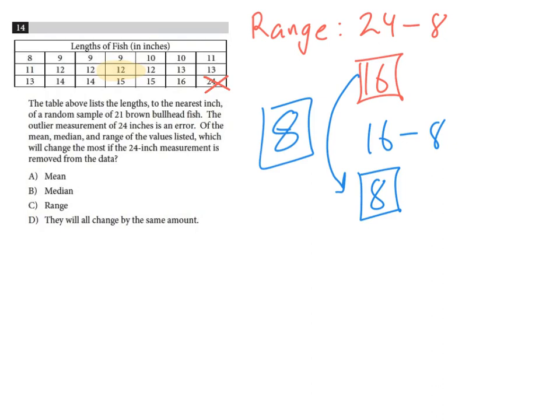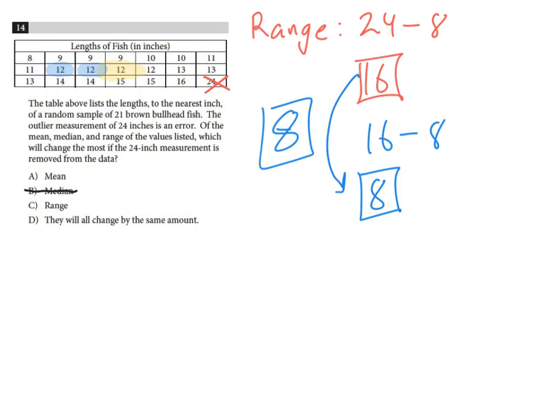Let's take the highlighter. It might go down to 12. Or maybe it's going to go down to the next one, which is also 12. So the median is not going to change that much at all. Okay.